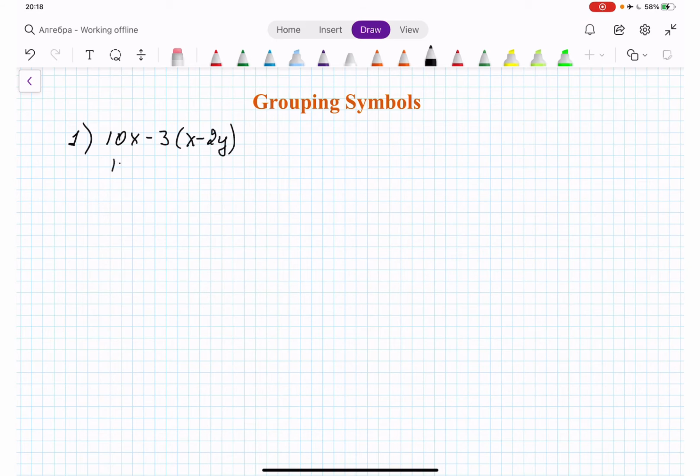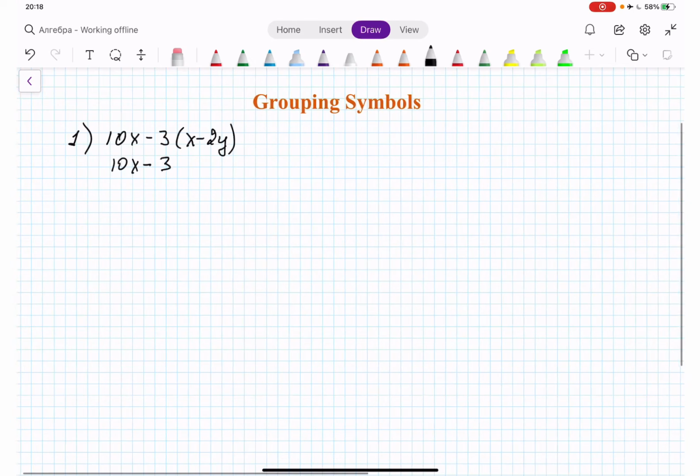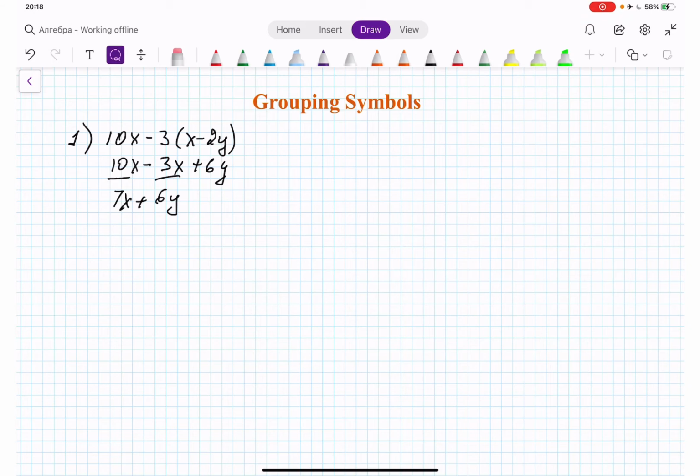All right, 10x minus 3x plus 6y, distributing the 3. And these two like terms, it's going to be 7x plus 6y.